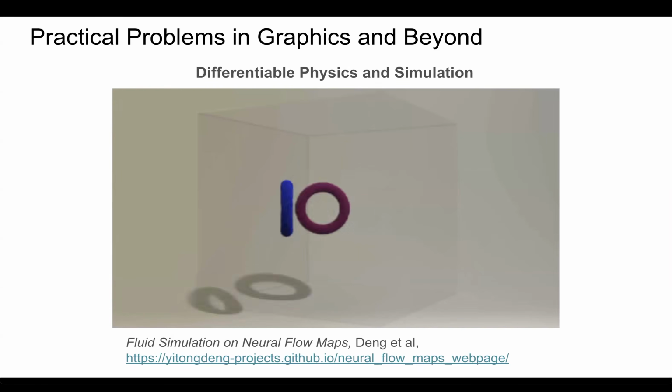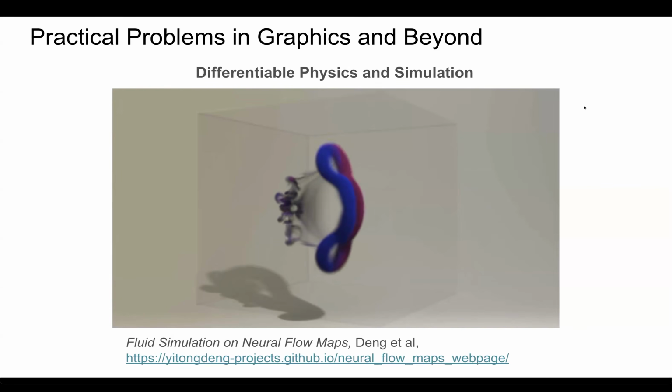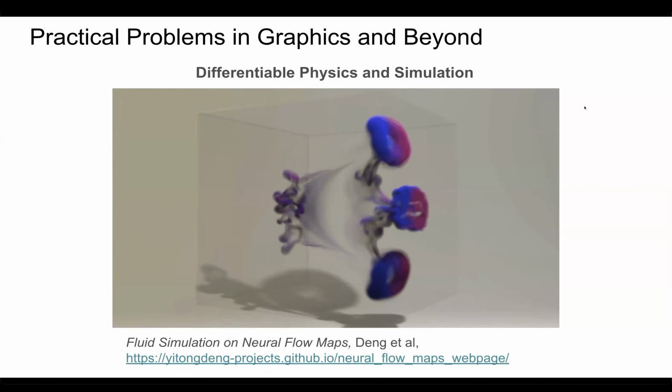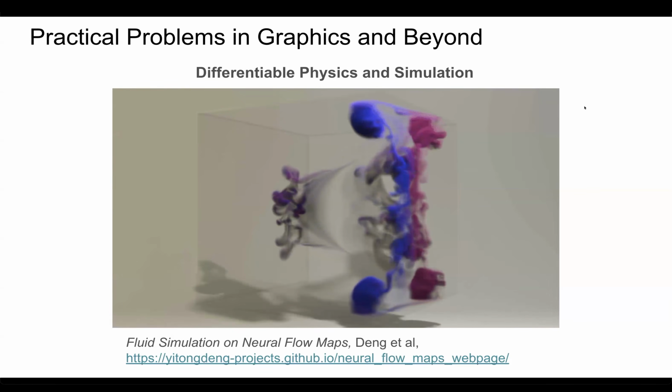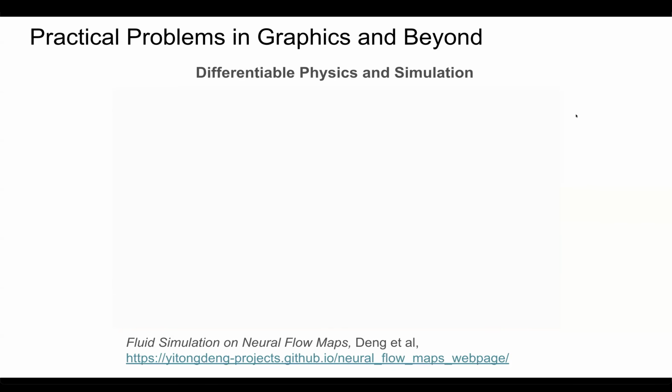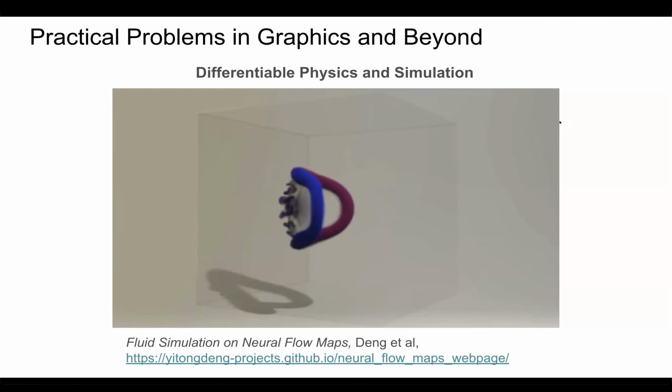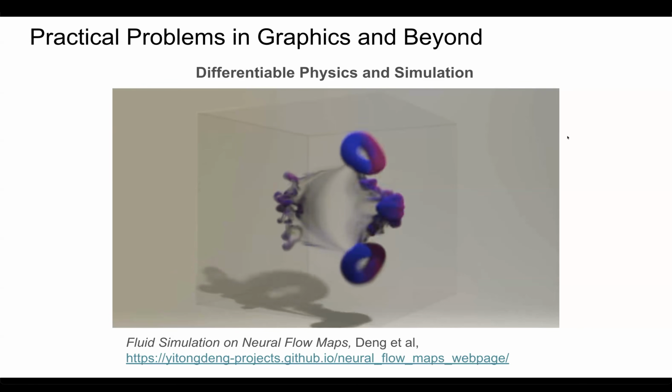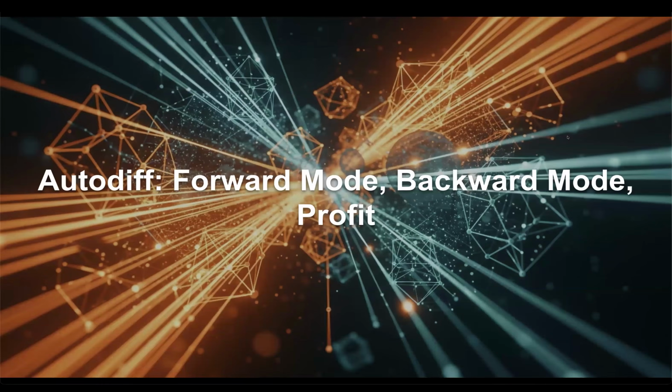So those are just a few examples to highlight why having a tool to automatically compute derivatives like Slang's Autodiff system is so important. It takes complex intractable problems and turns them into solvable optimization challenges. Okay, cool. So with that out of the way, what is automatic differentiation, which I've been calling Autodiff for short here?